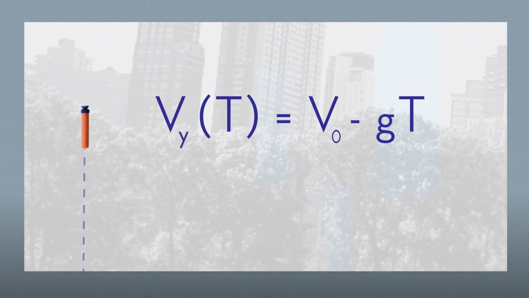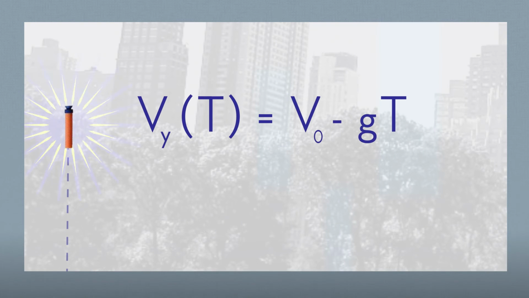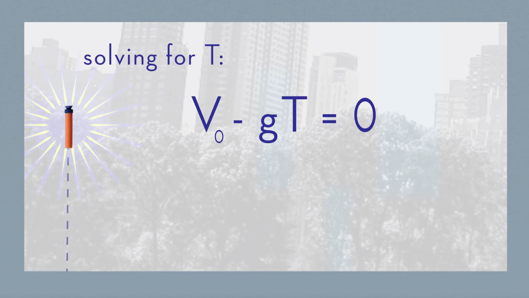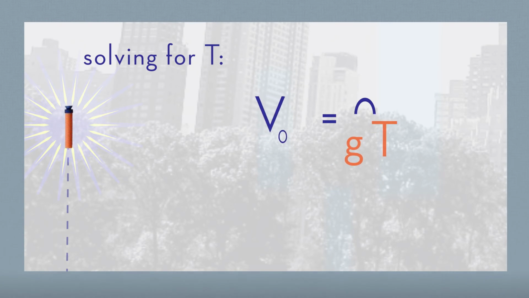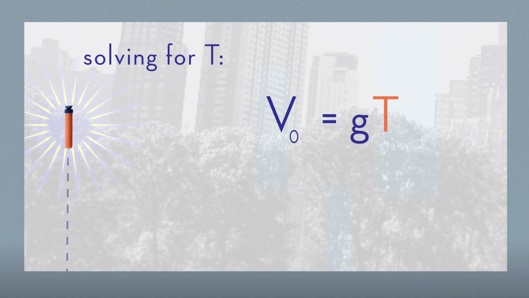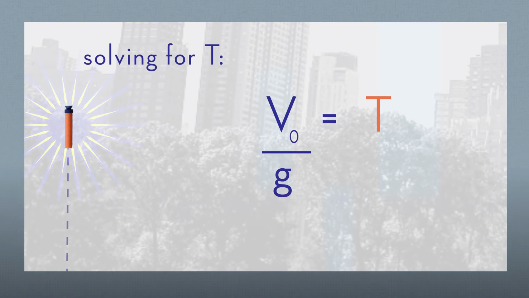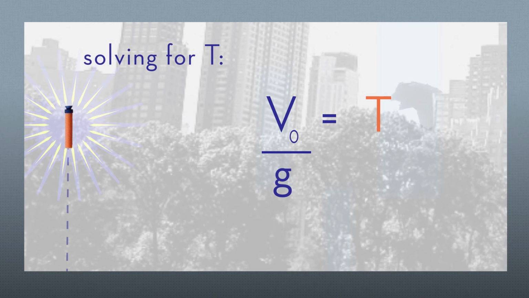At the moment of its peak height, this velocity has come down to zero. In other words, we can just invert this to get the amount of time that takes. We bring this to this side and divide by g, and we get the time that takes equals v0 over g.